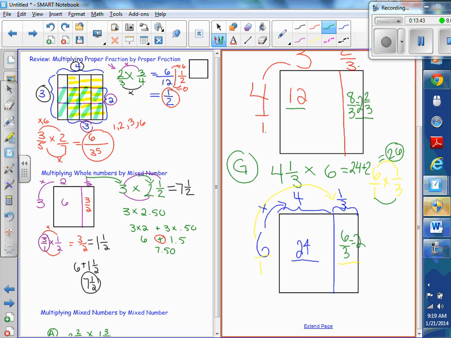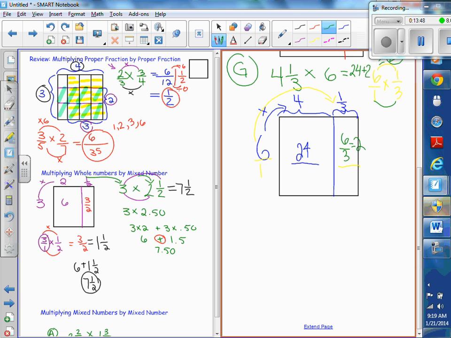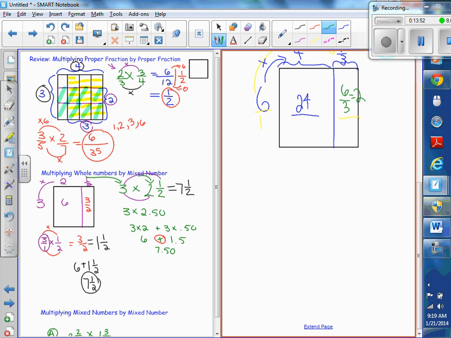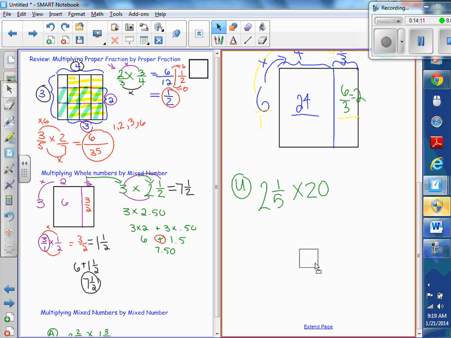Ellie, you want to try the next one? Okay, let's everybody go ahead and try the next one too. And then Ellie, tell me how you would do it. So let me set it up, okay? U is 2 1/5 times 20. So you don't really need a fancy picture all the time, do you? But for some of you, that picture just kind of gives you a reminder that there's parts.